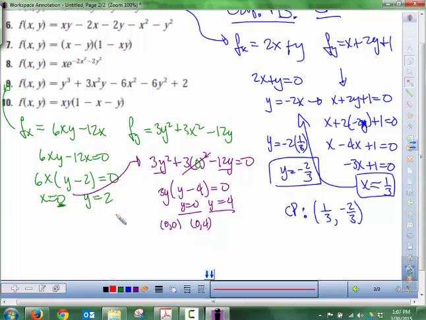Now I need to take the 2, put that into the equation, and then set that equal to 0. So this is 3y squared plus 3x squared minus 12y is equal to 0. And then for y, I'll put 2.